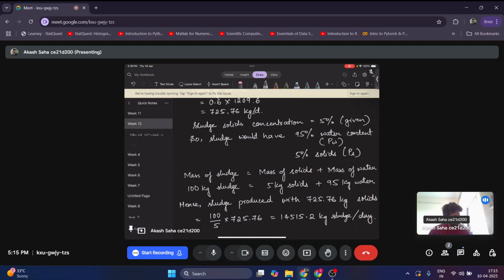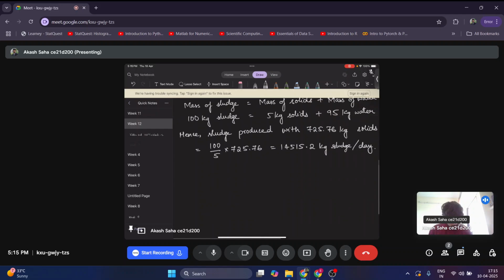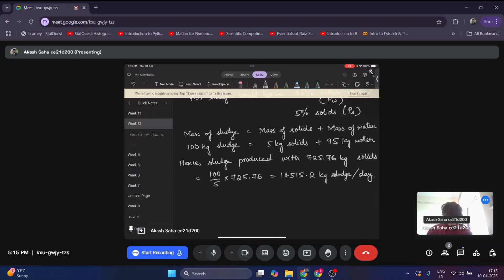Okay, so once we got the mass of the sludge, we can calculate the volume of the sludge. So let's calculate the volume of the sludge. So volume of sludge produced per day will be equal to mass of sludge produced per day divided by density of sludge.